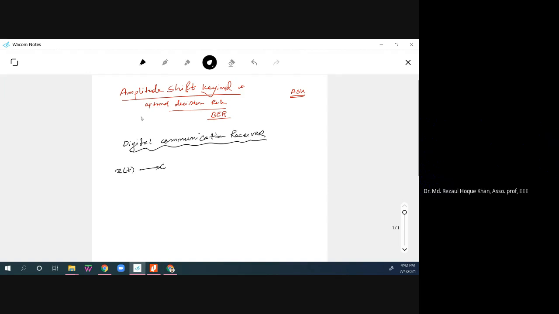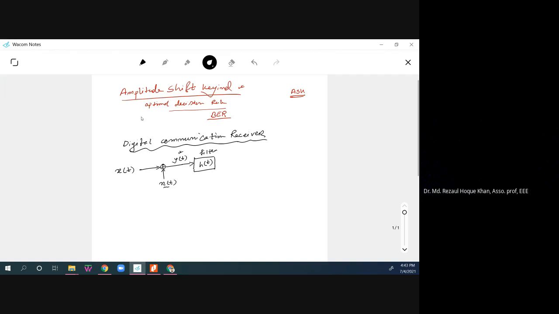The signal is corrupted by the noise in the channel, and the output is y(t). When received as y(t), the received signal passes through a filter. The response of this filter is h(t). This is the filter.